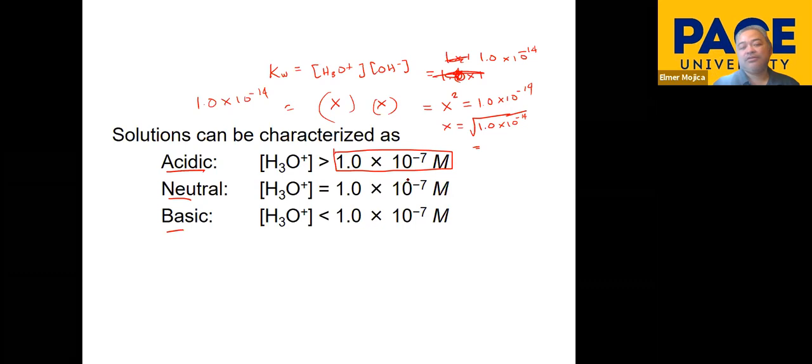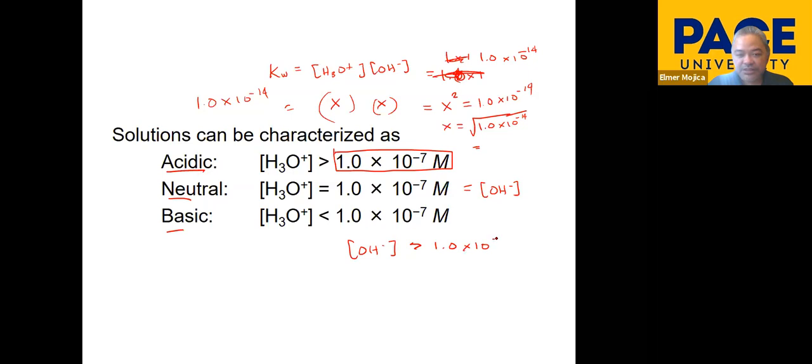So when you have a neutral solution, the concentration of the H3O+ is the same as the concentration of the hydroxide. If the concentration of H3O+ is higher than 1.0 times 10 to the negative 7, then you have an acidic solution. If the concentration of the hydroxide is greater than 1.0 times 10 to the negative 7, then you have a basic solution.